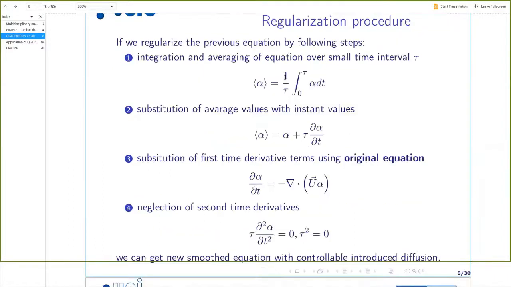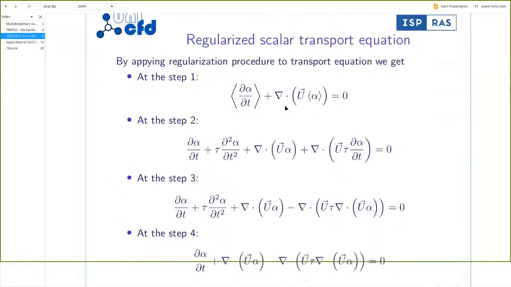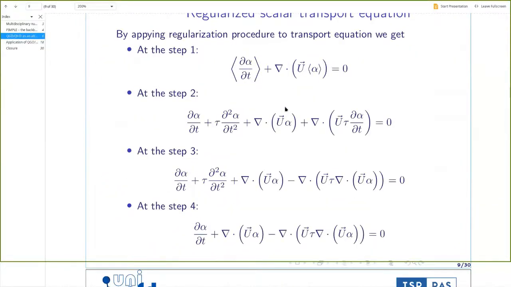The regularization procedure, which lies at the core of this framework, involves 4 steps: averaging, substitution with Taylor expansion, substitution of Taylor expansion terms using the original equation, and neglection of second order terms. If we apply this procedure to a conventional transport equation, we will get an additional numerical diffusion term, which is also called the regularization term, and this term is an additional smoothness which is added to the numerical solution.